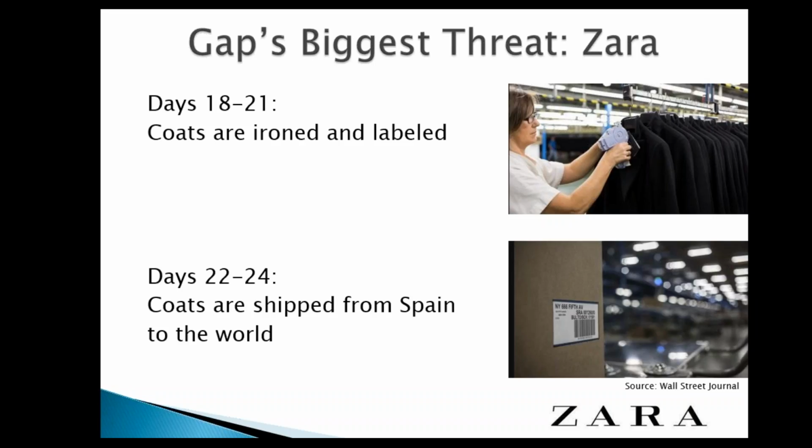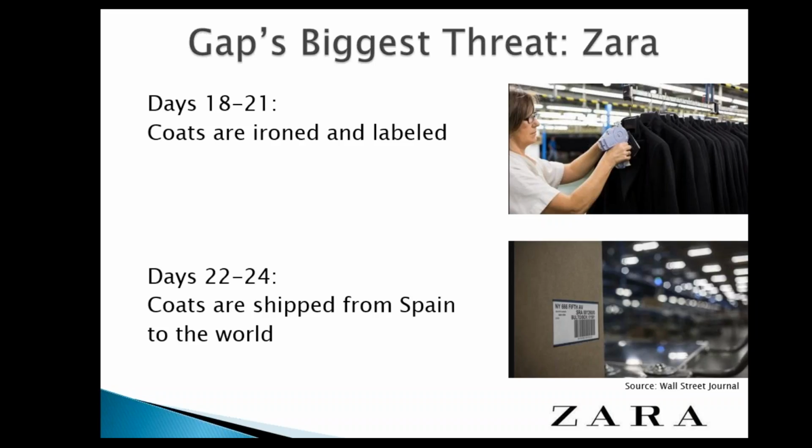They know how to use technology, whereas the Gap is still learning. Here's a newer entrant to the market that put the Gap on a defensive play. They've been very aggressive, and they're beating the Gap at their own game.